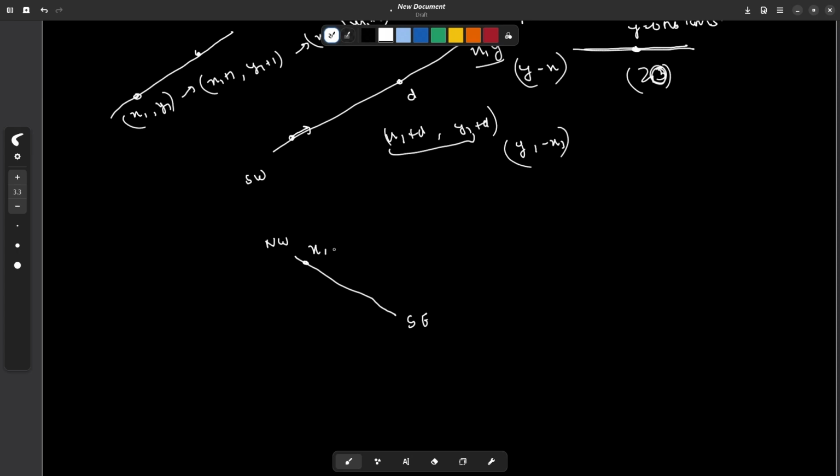If the first point is (x1, y1) and I move to a point just next to it, remember I am saying just next to it, then the x coordinate is going to increase by 1 and the y coordinate is going to decrease by 1, right? If I move one more point to the next, my x coordinate increases by 1, so it is x1 plus 2, and the y coordinate decreases by 1, so it is y1 minus 2.